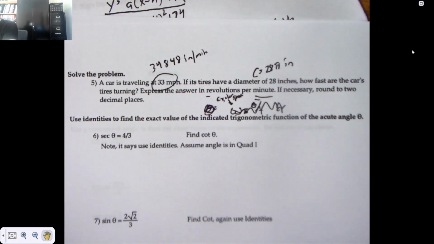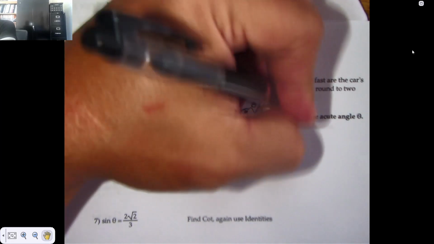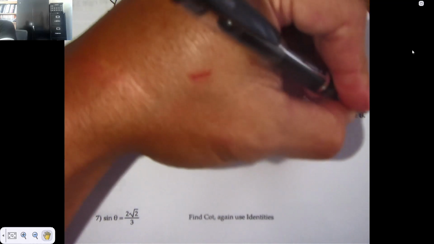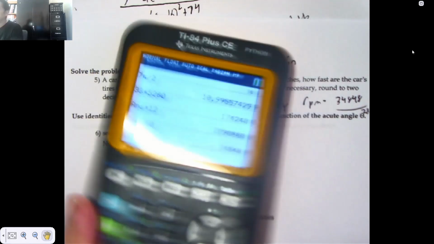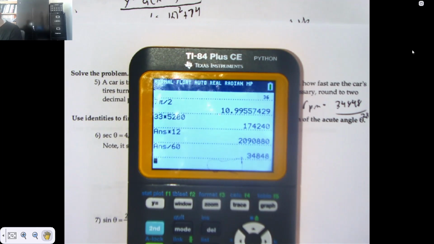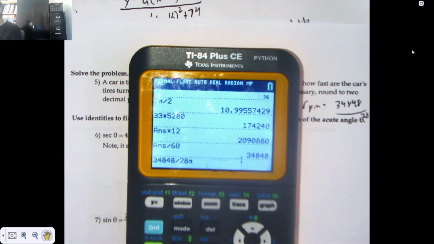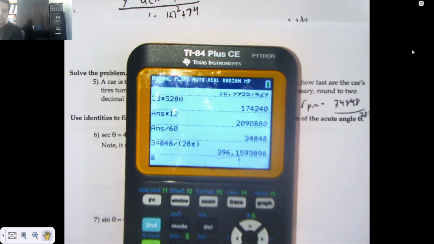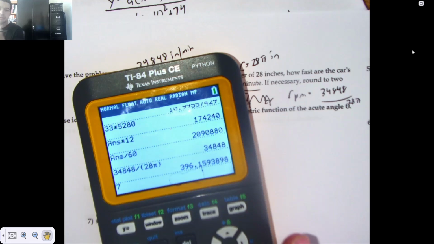Ignore me. Having a brain fart. They want revolutions per minute. Your RPM is going to be simply to take the inches that you're covering, 34848, divide it by 28 pi. That will tell you how many times that tire travels to cover that distance. There we go. 396, and they say 2 decimal places, .16.